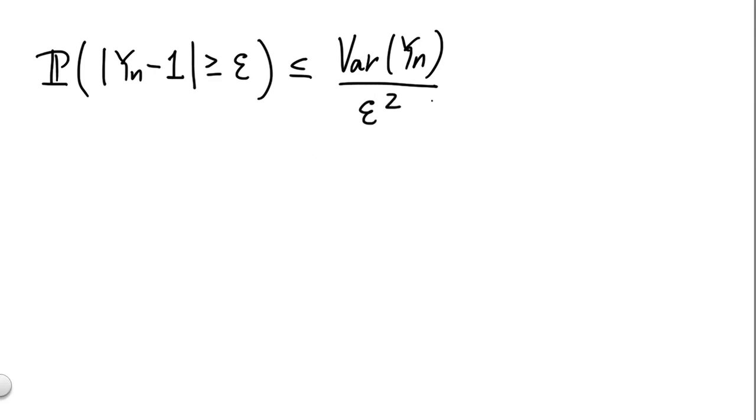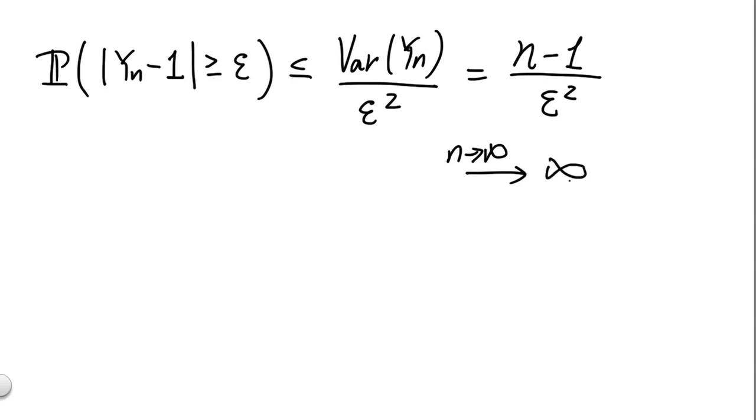Now there is a problem. The variance of Yn is very big. In fact, it is equal to n minus 1, which we calculated in part A, divided by epsilon squared. And this quantity diverges as n goes to infinity itself. So in this case, the Chebyshev inequality does not tell us much about whether Yn converges or not.